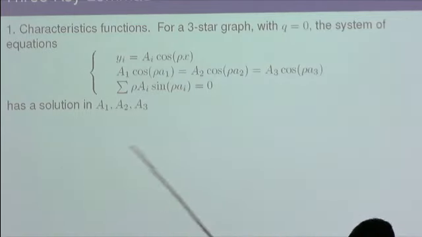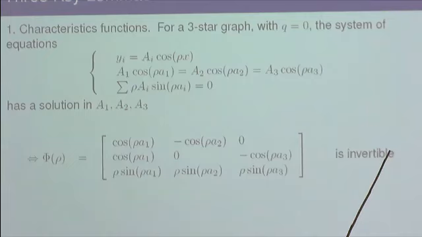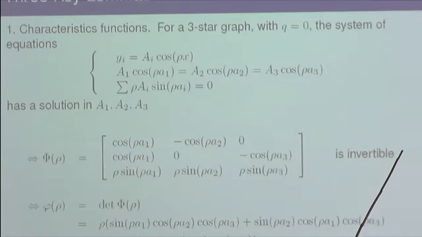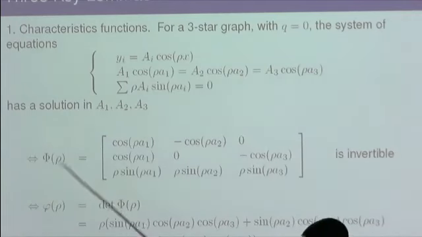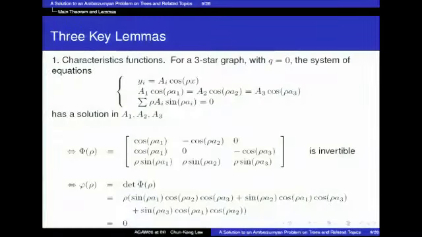Then it has a solution in A_i if this is invertible. And so setting the determinant will give us this kind of condition. Now, for simplicity, I would like to call it S1, C1, C2, C3, and S2, C1, C3, and so on. And so any rho that can solve this equation is an eigenvalue.